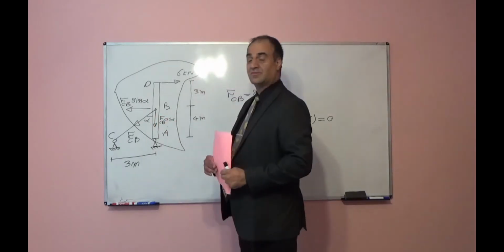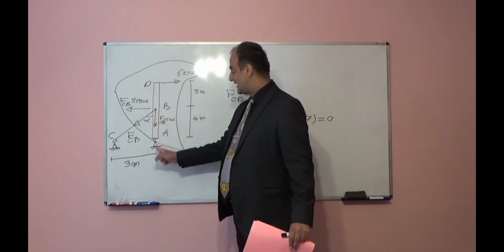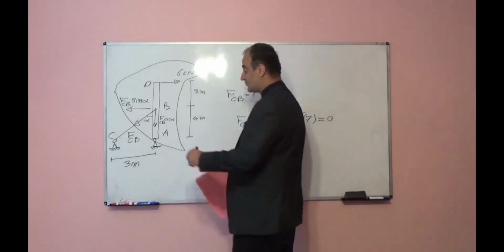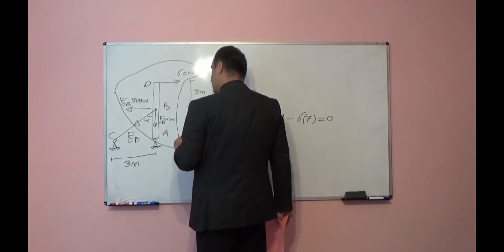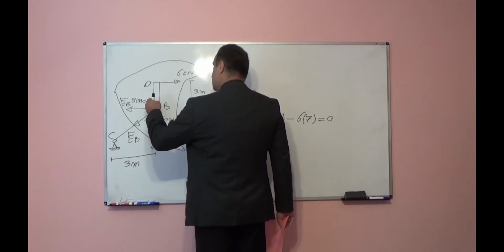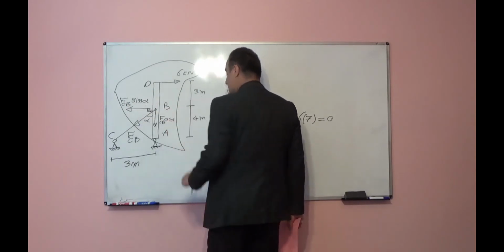This component will not produce any moment respect to point A because it passes through A. But this component will produce moment respect to point A, and the distance of this component up to point A, which is perpendicular to the direction of the force, it is 4 meters.